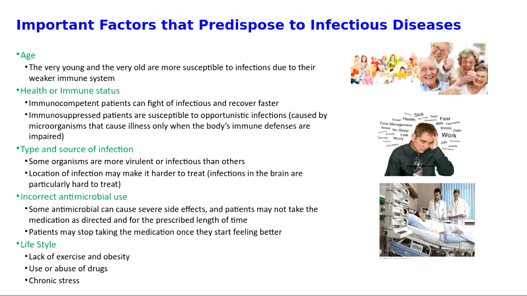If it is an organism that travels through saliva, like droplets from saliva in nasal secretions, then if you step on it, you're not going to get sick, because that is not a mode of entry. It is not the right source of infection for that organism. So we also have to consider that when we are trying to see which factors predispose the patient.